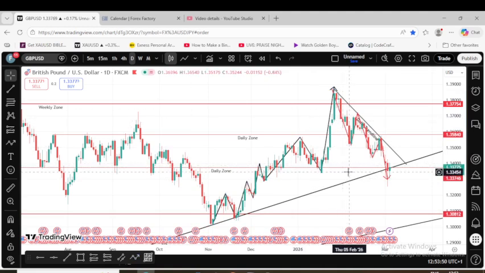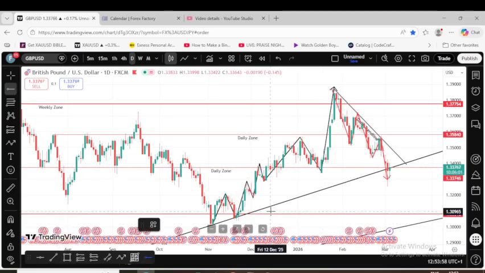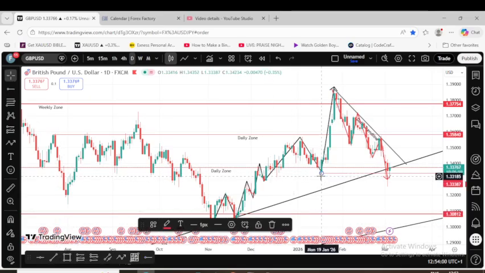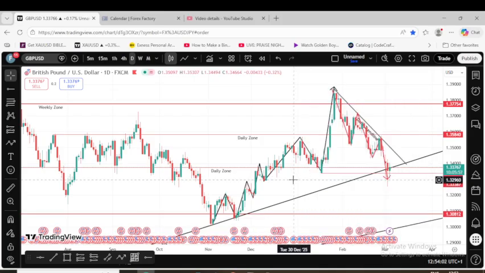But despite that, let me mark it out. This is the lowest point that price has gotten to in recent time. But even though price has pressed into it, price has not closed below it, at least on the daily time frame. Price has not closed below this level, which means that this black market structure is still valid.